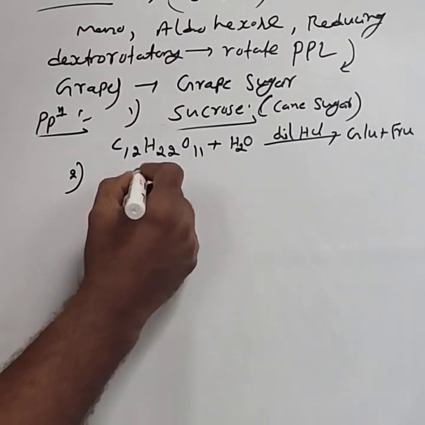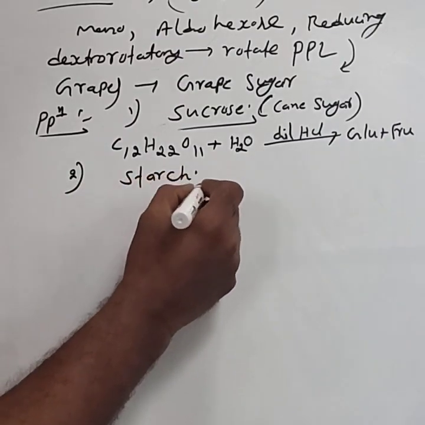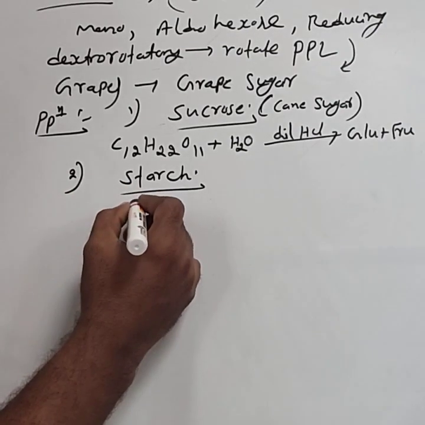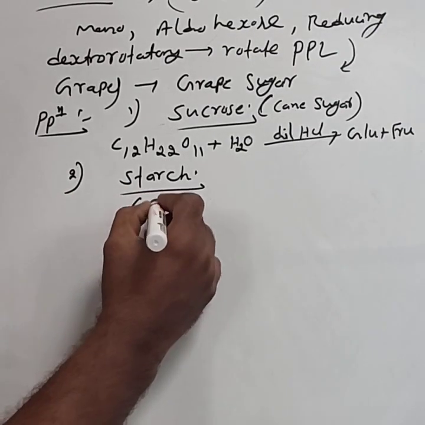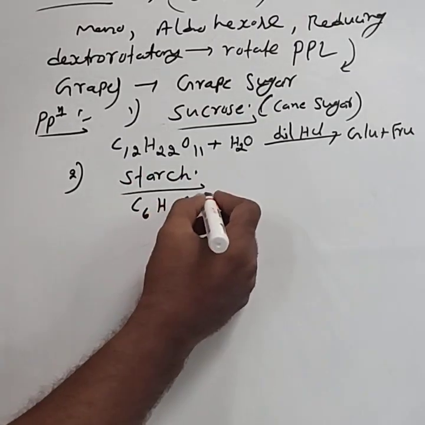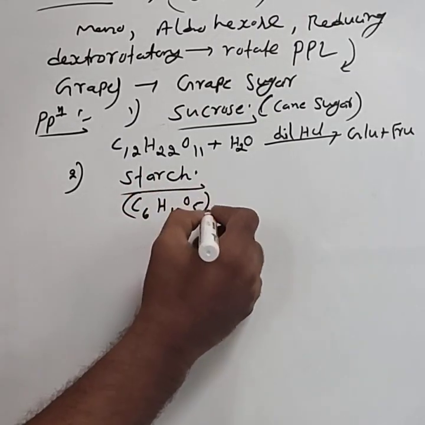The second method is from starch. The formula of starch is (C6H10O5)n.